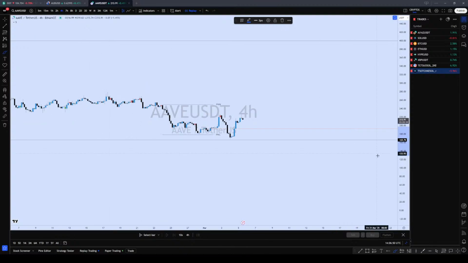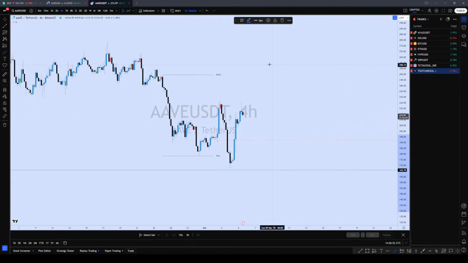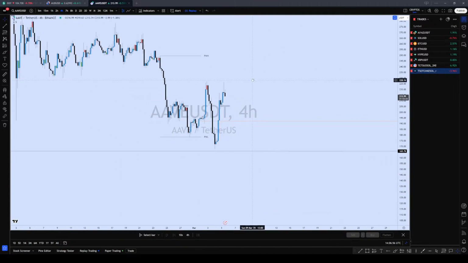Because I know most crypto traders, they want to buy and hold. You rarely see crypto traders selling. And there are sellers, but the average trader doesn't like to sell cryptos for some reason. But you have to trade both sides.